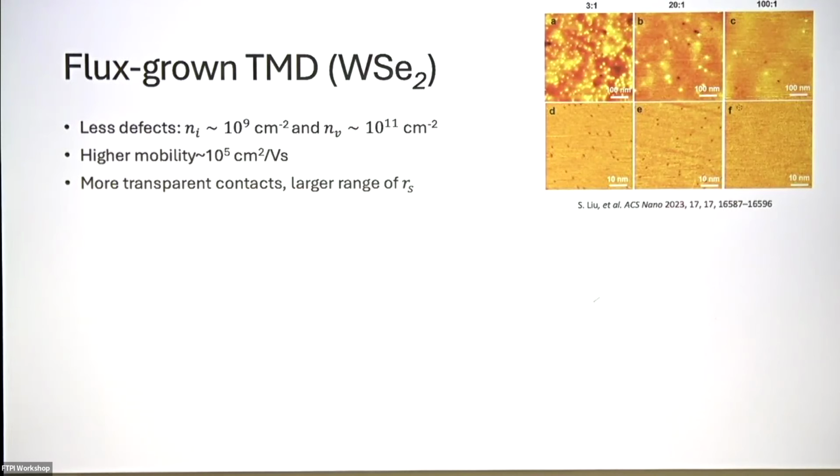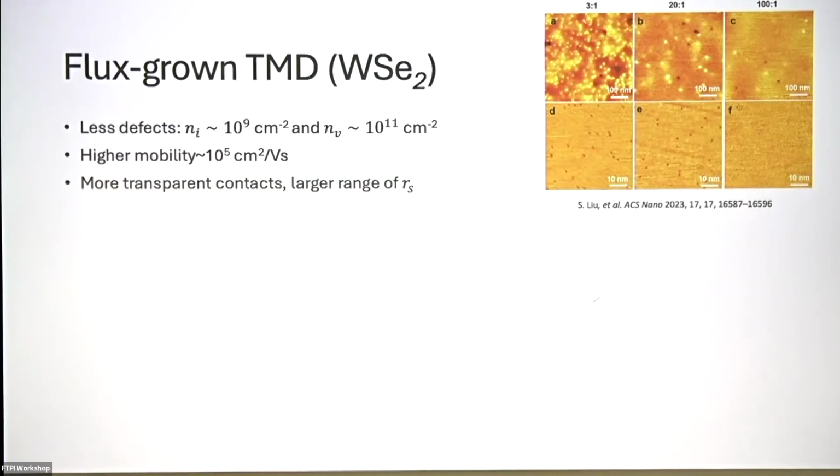So for example, here is the STM image. I take this image from James Hone and Dean Gorodetsky's paper. So this is the image for the ratio of 3 to 1. And the bright dot shows the charge impurities. This is the zoom in of it.